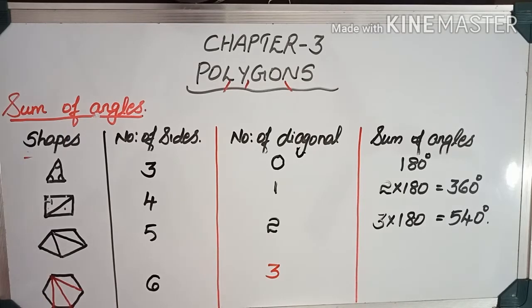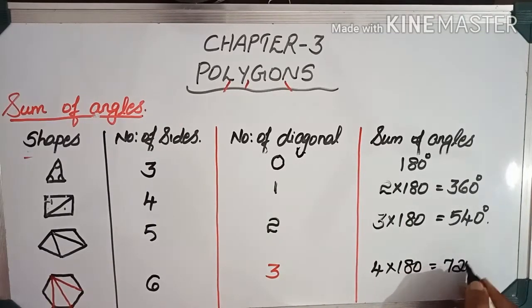Now after drawing the 3 diagonals, how many triangles did we get inside the hexagon? That means inside the 6-sided figure. 1, 2, 3, 4. When you count, you get 4 triangles. So to find the sum of angles, the answer will be 4 into 180 degrees, that is 720 degrees. 720 degrees will be the sum of angles.